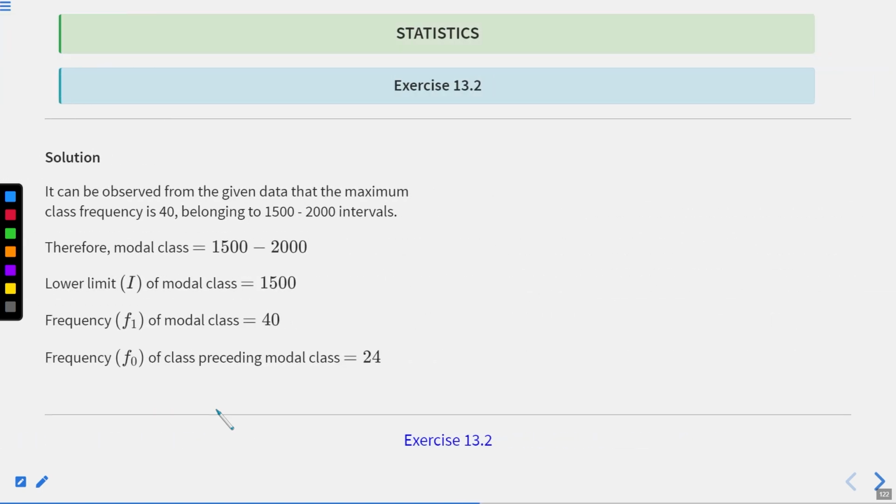It can be observed from the given data that the maximum class frequency is 40, belonging to the class interval 1500 to 2000. Therefore the modal class is 1500 to 2000.